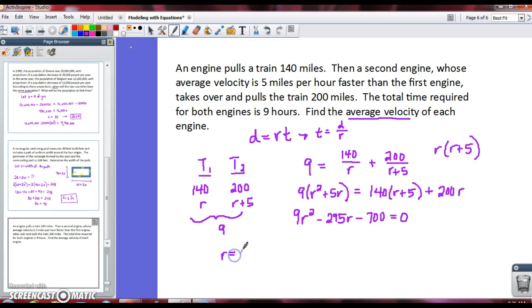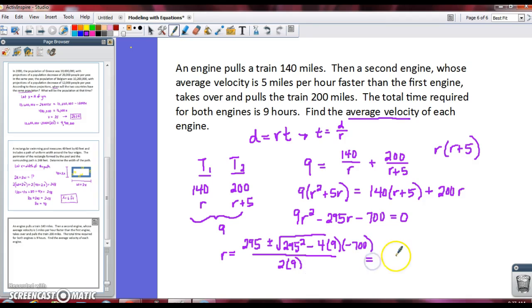When you do that, you end up with r equals 295 plus or minus the square root of 295 squared minus 4 times 9 times negative 700, all of that over 2 times 9.